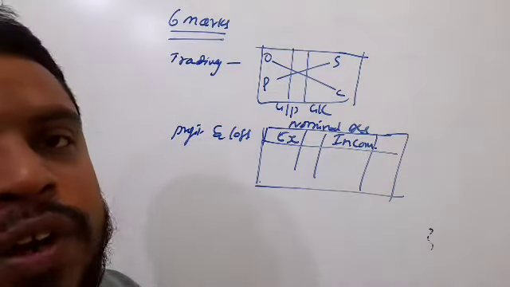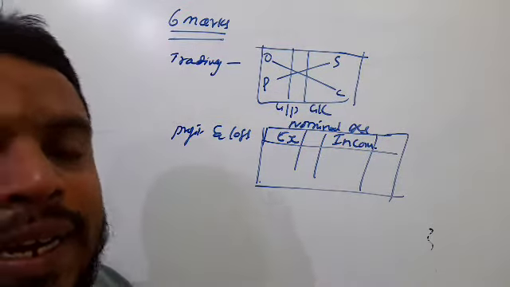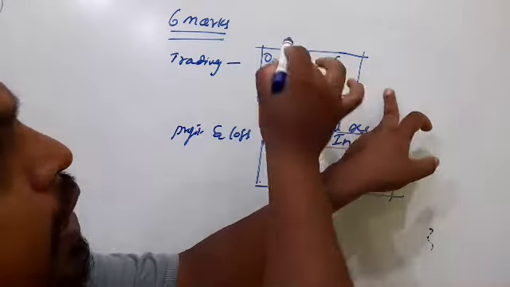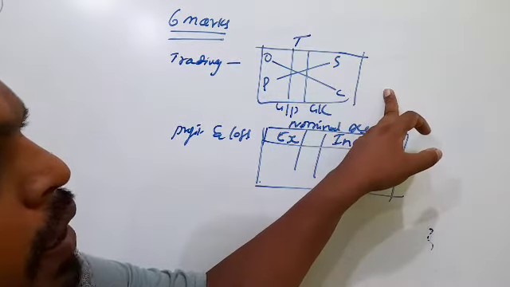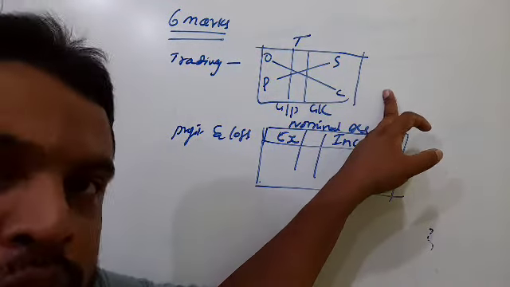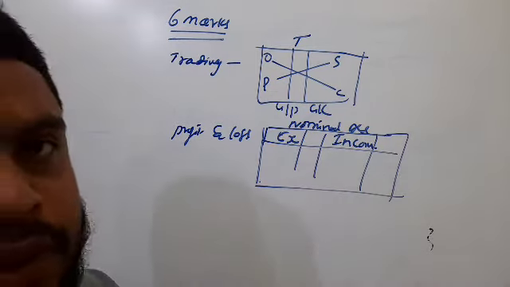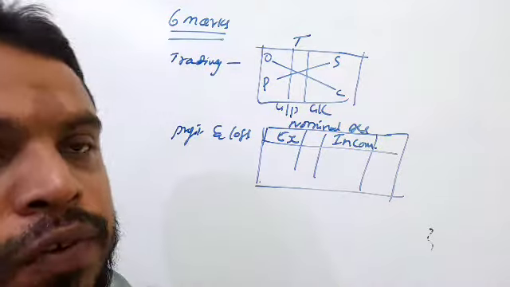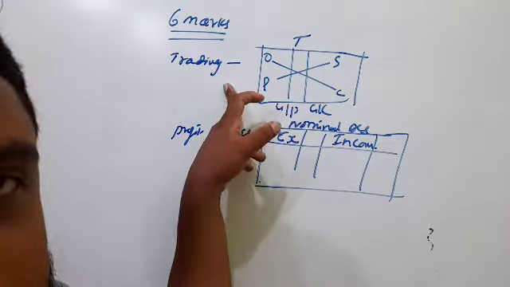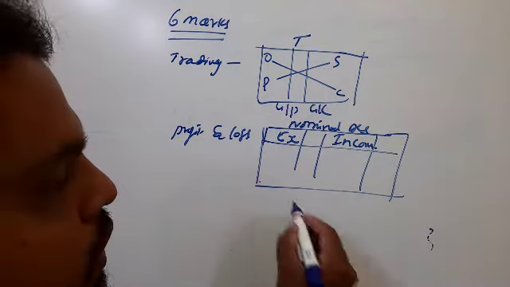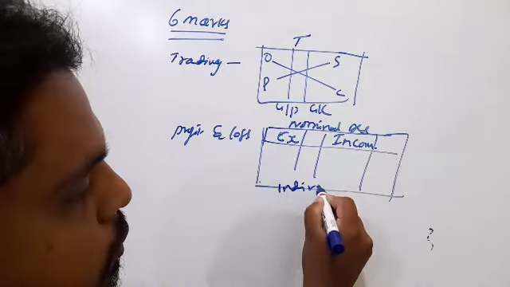Here in profit and loss we will record only indirect expenses. Direct expenses will be recorded in trading account. The expenses related to production of goods, at the time of manufacturing process, whatever expenses incurred by the firm, those expenses will be recorded in trading account. And in profit and loss account we will record indirect expenses.